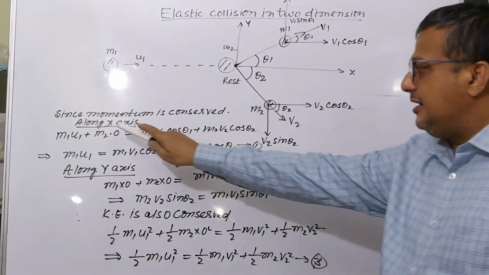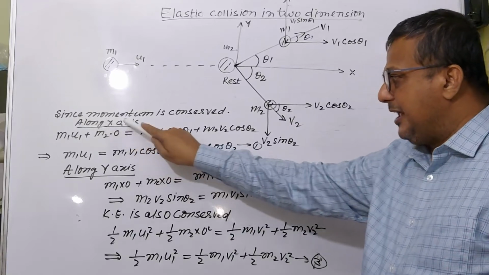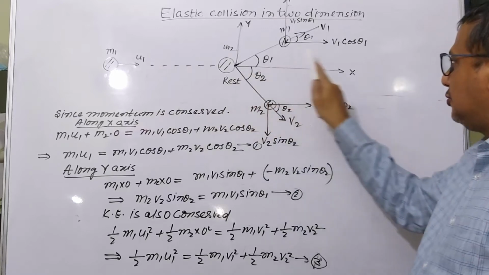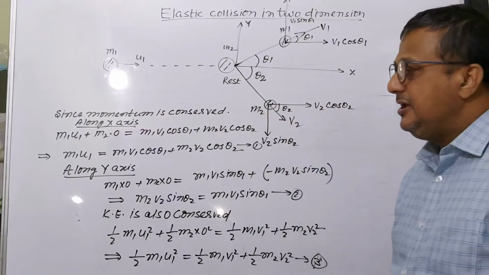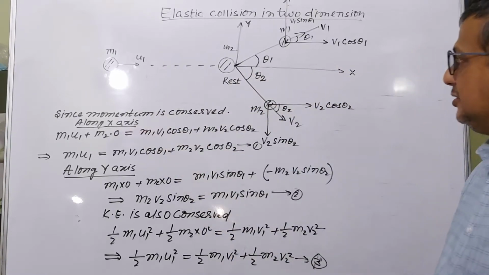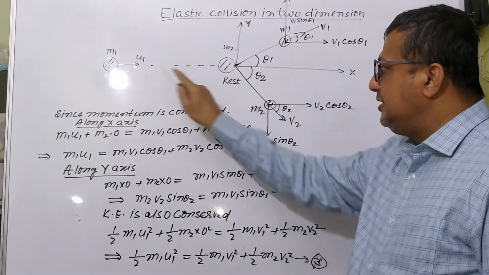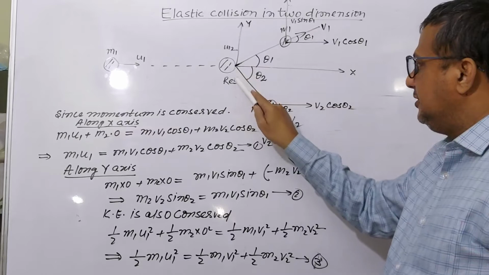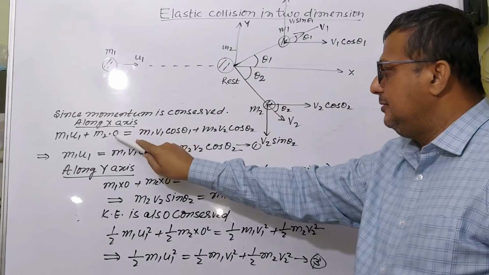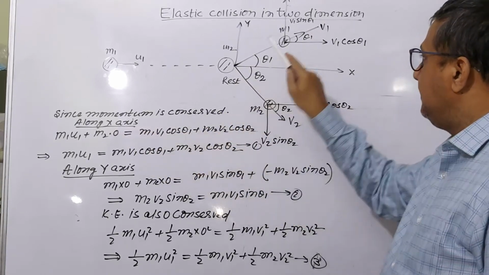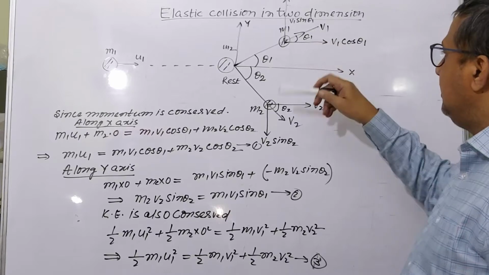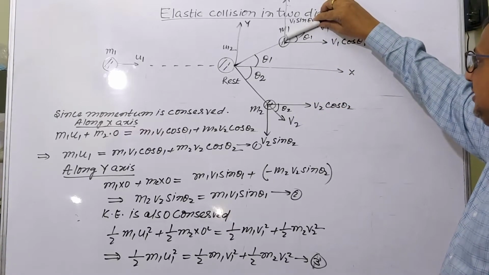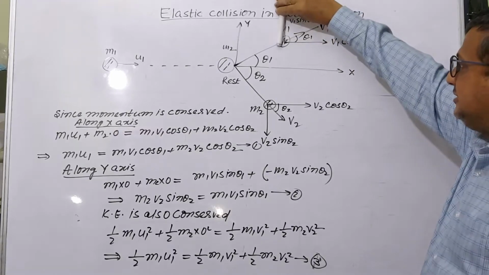So we take momentum along the x-axis. Total momentum before collision equals total momentum after collision along the x-axis. Before collision, it is m1 u1 plus m2 times 0, because m2 is at rest. After collision, it is m1 v1 cos theta 1, because we have split the velocity v1 into v1 cos theta 1 and v1 sin theta 1.